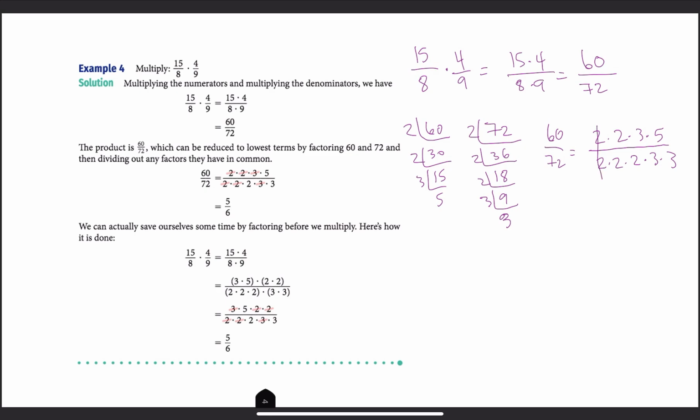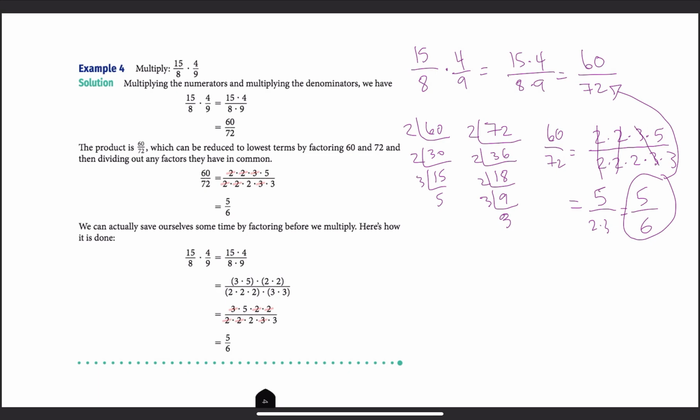So 2 divided by 2 is 1. 2 divided by 2 is 1. 3 divided by 3 is 1. So all I have left is 5 on the top and then 2 times 3 on the bottom. So 5 over 6 is the reduced form of 60 over 72. And that's the answer that we want to put.